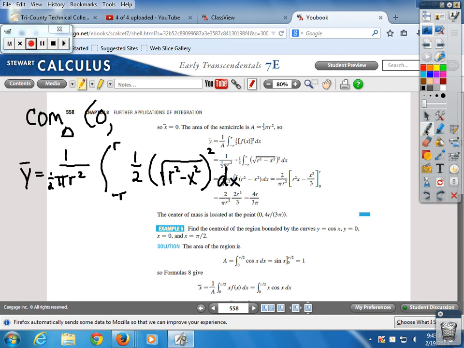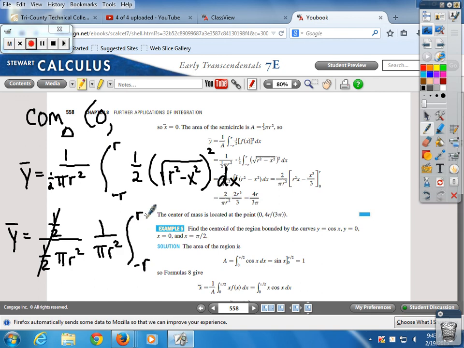So that's going to give us, let's pull this 1/2 out. So y bar is equal to 1/2 over 1/2 pi r squared, and the 1/2s do what? They cancel. So that leaves us with 1 over pi r squared times the antiderivative from negative r to r of r squared minus x squared to the 1/2 power raised to the second power dx.